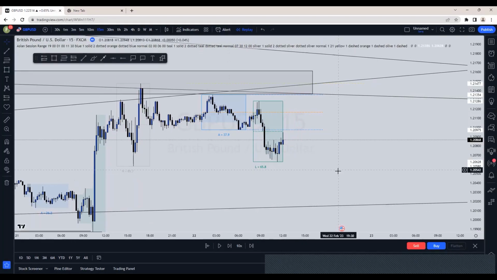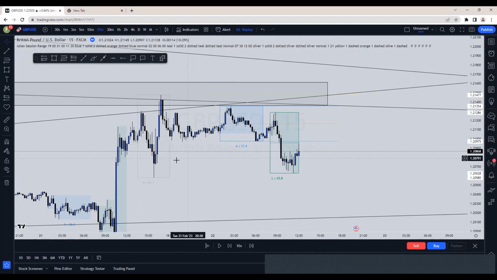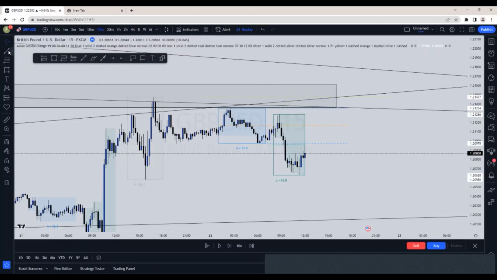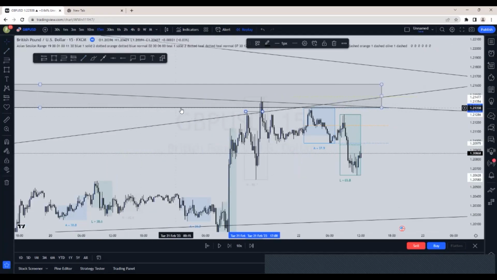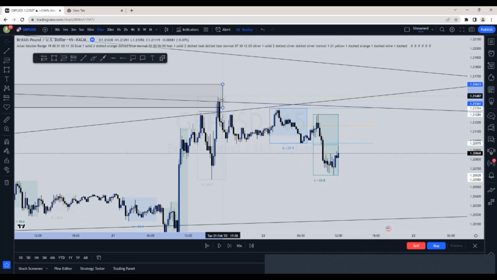Now we can see very well that price engineered liquidity around this area just before retesting that trend line, double trend line, and at the same time a supply. So right, price did something like this, right?